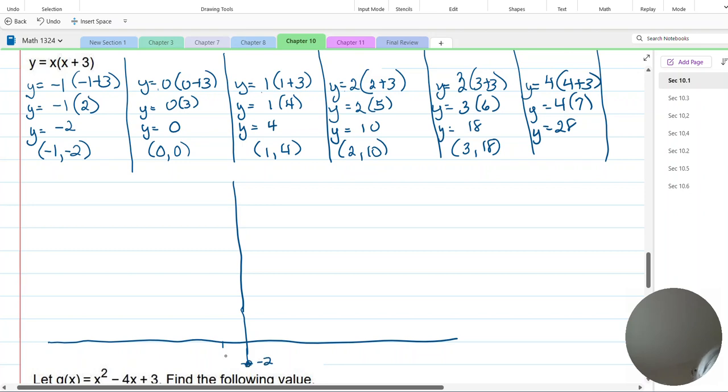Right down, oops, sorry, right down here. Sorry about that. It's -2. Then I have a 0, 0. And then at 1, I have a 4. I may not go all the way to the top, but you'll get the idea. So 1 is a 4. A 2 is a 10. 2, 4, 6, 8, 10.